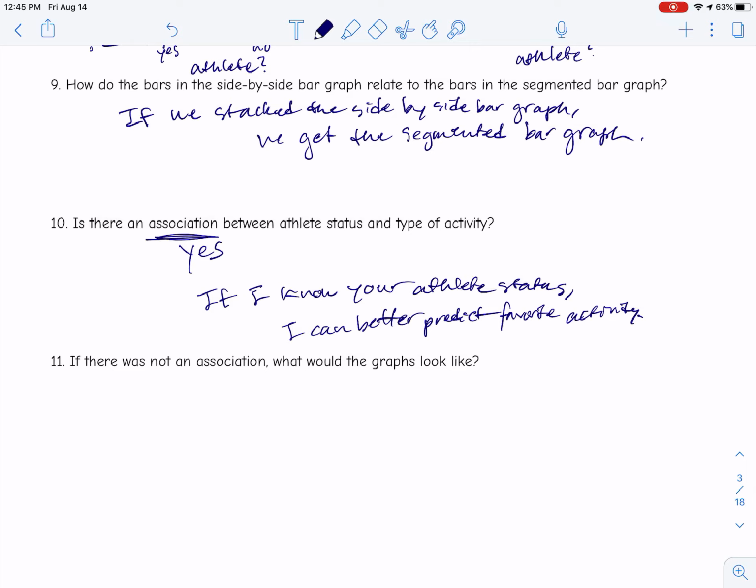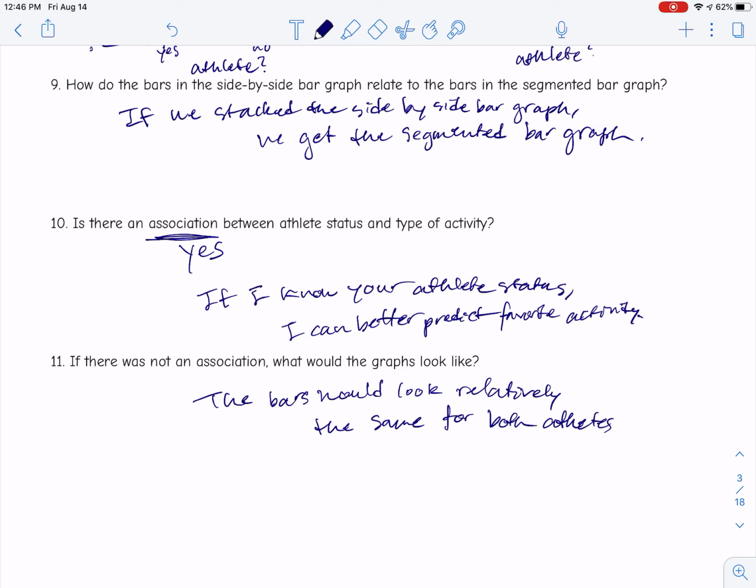Now, if there was not an association, what would these graphs look like? I would expect if there was not an association, then the bars would look the same between athletes and non-athletes. Okay, let's write this out. Look for both athletes and non-athletes.